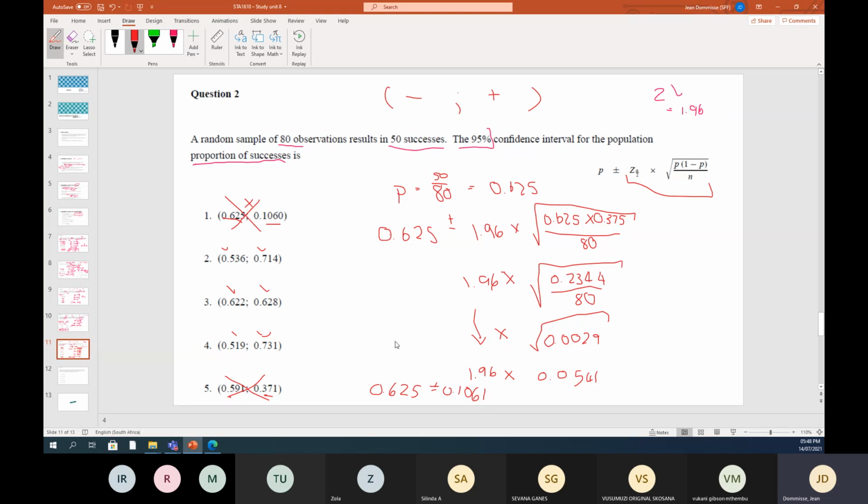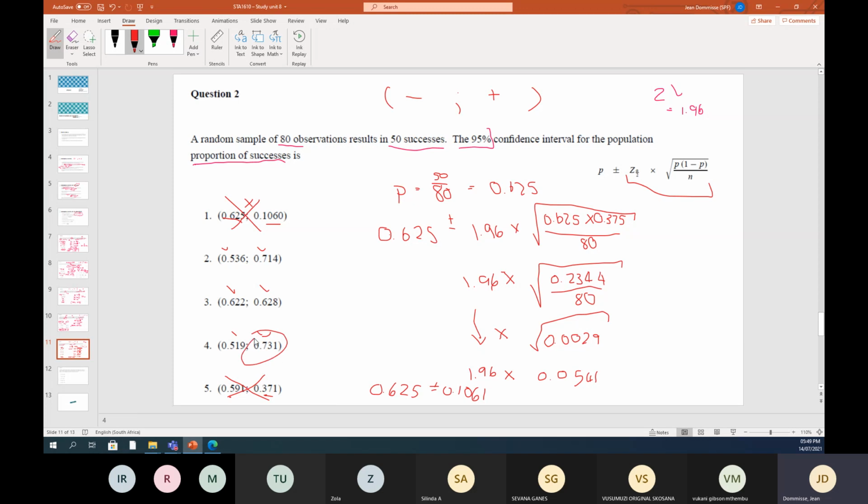Okay, so then for your top one, we need to say 0.625 plus that, so 0.625 plus 0.1060888 is 0.731.